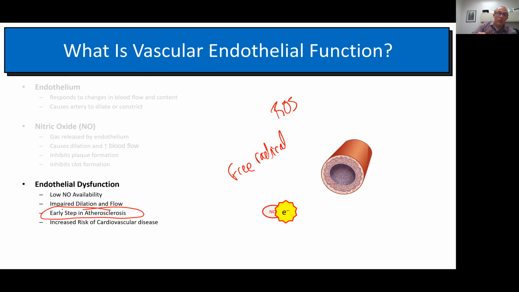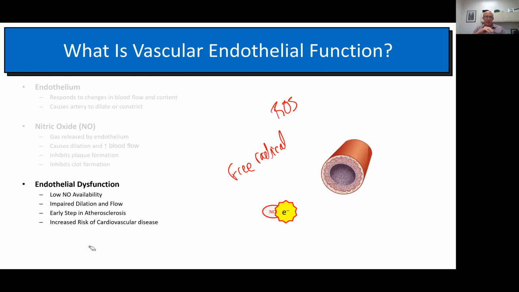So really, with this vascular endothelial function, if you can't dilate your arteries, that's a sign of a dysfunctional endothelium. And endothelial dysfunction is the first step in most cardiovascular diseases. In fact, you can take a person when they're 30, 40 years old, and if they don't dilate those arteries very well, that's evidence of the very first steps towards cardiovascular disease.